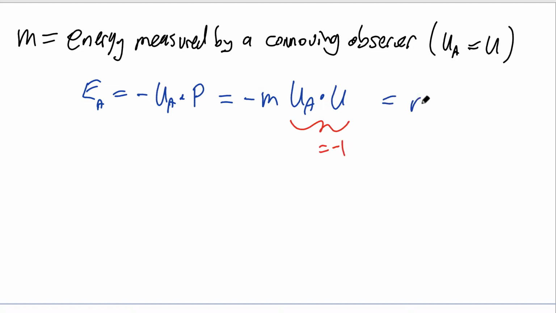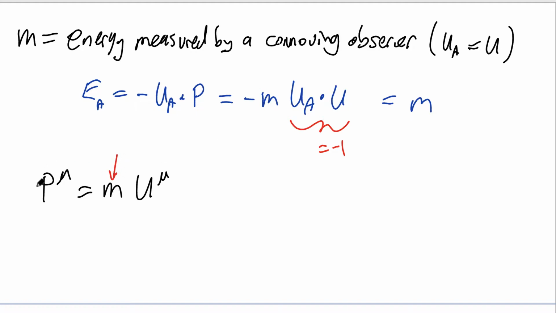So we find the energy as measured by this co-moving observer is just what we're calling the rest mass. So when we write down the momentum of a particle in terms of its rest mass and its velocity, we're expressing the momentum in terms of the energy that would be measured by a co-moving observer.